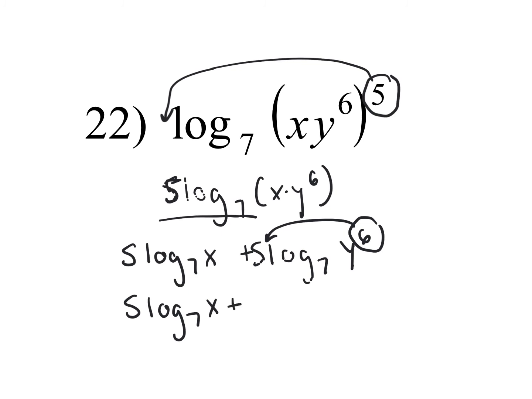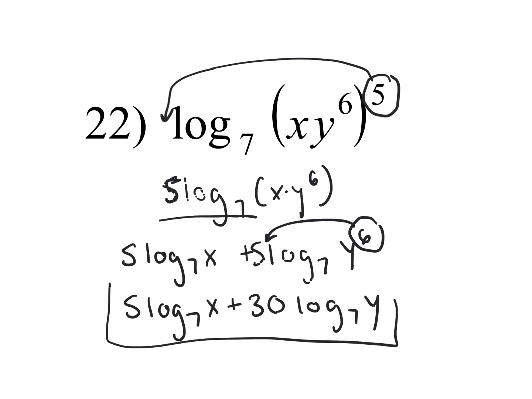So we multiply. 5 times 6 is 30. So 30 log base 7 of y. So this is our answer. If ever you have two exponents out front, you just multiply them together. Any questions here?